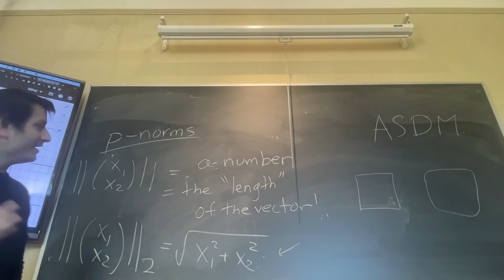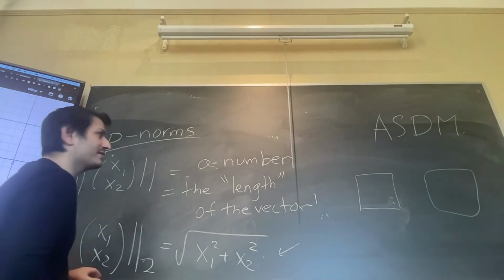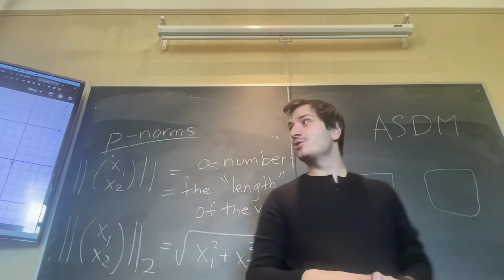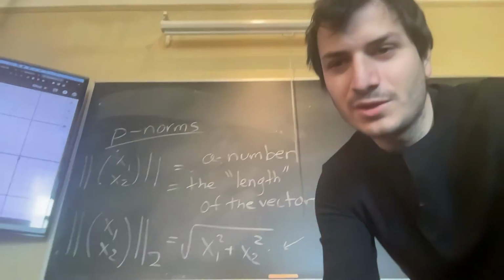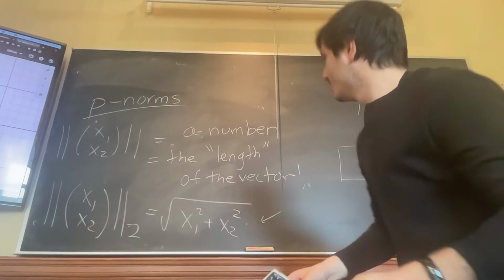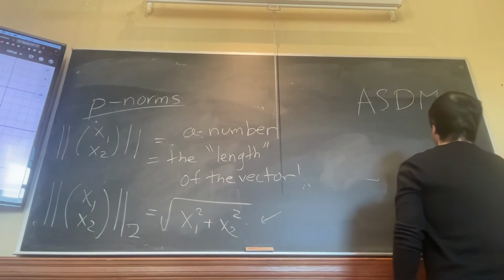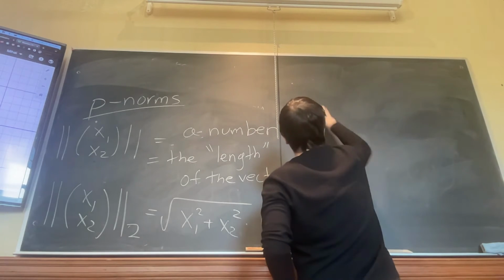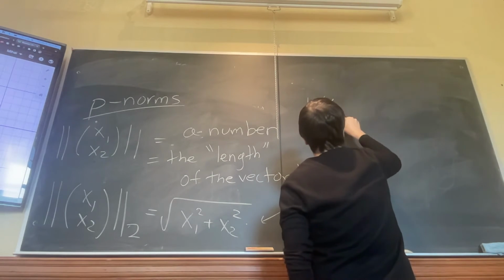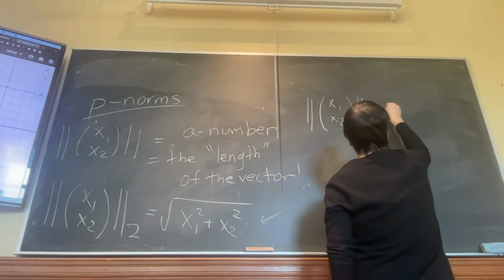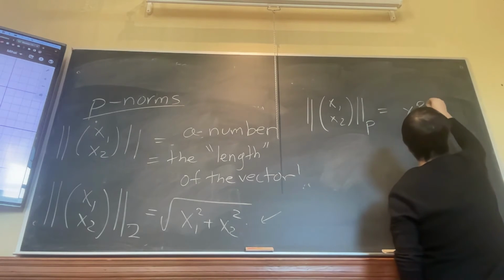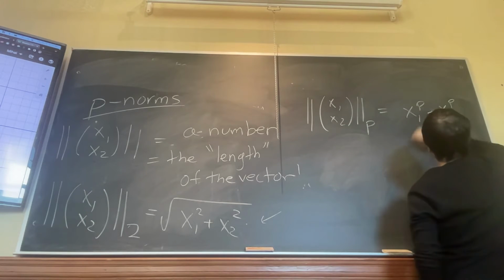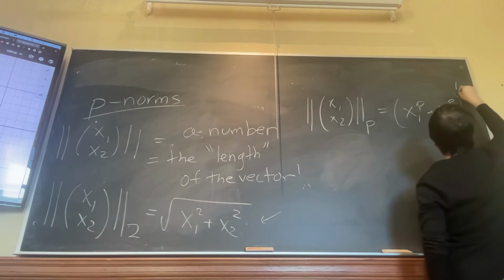But this is the exciting thing, that there are many, many possibilities. In fact, I just showed you an infinite collection of them, because for any value of p, you can make the p norm. So let me write the p norm of the vector. You do x1 to the power p plus x2 to the power p, and you take the whole thing to the power of 1 over p.